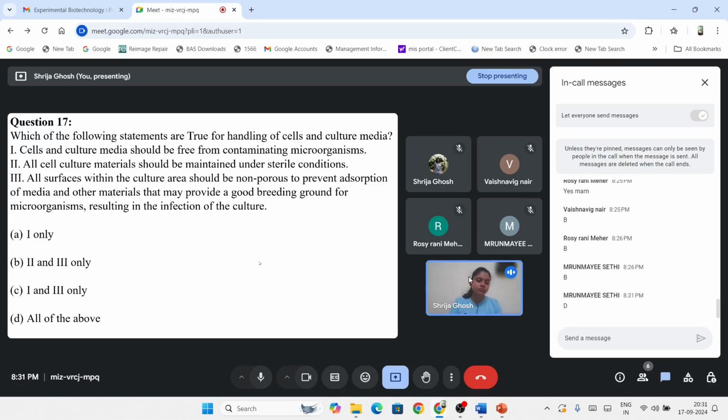Yeah, we have one answer from Runmai. Option D, all of the above. Okay, very good. Anyone else wants to answer? Okay, Rosie answered option A, that is first statement only.